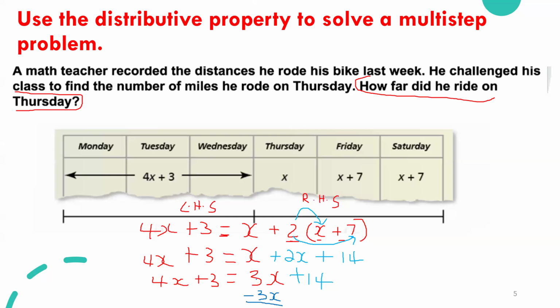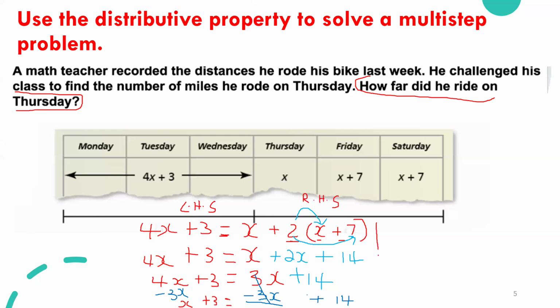If I subtract, this is going to be gone. I am going to have on my right-hand side just the plus 14 there. And if I take away 3x from the right, I do the same thing to the left. So when I do that on my left, I am going to be left with x plus 3. And on the right, I'm going to have 14.